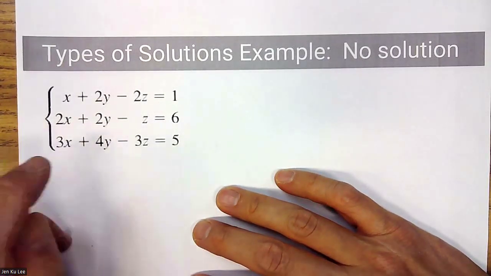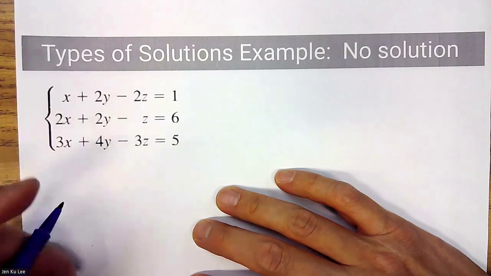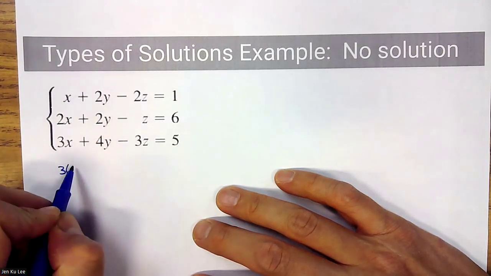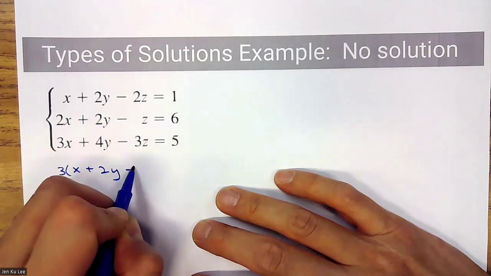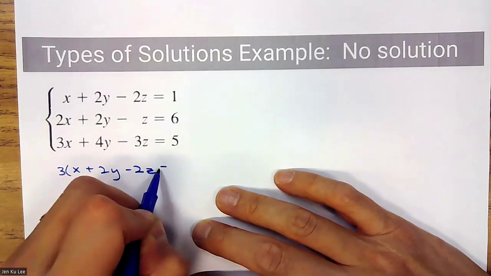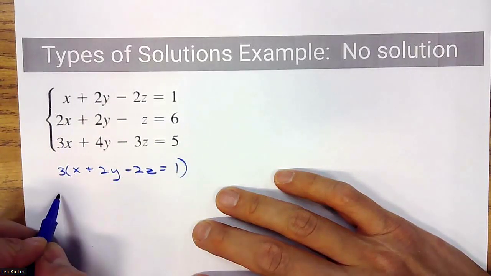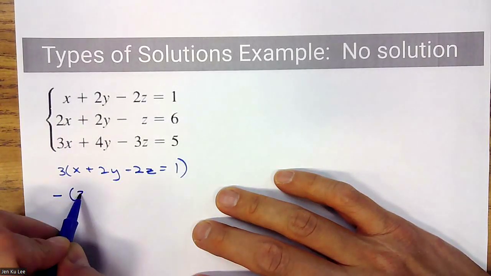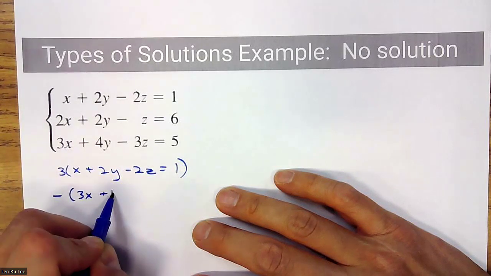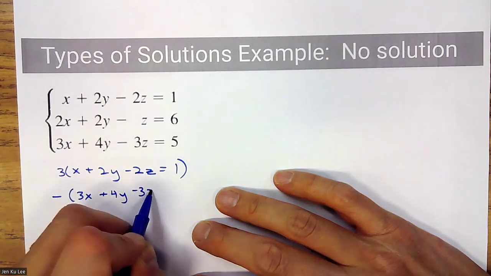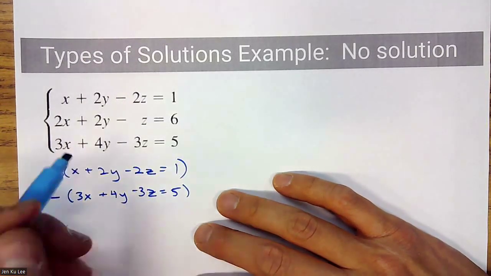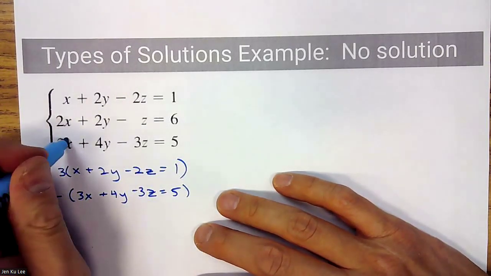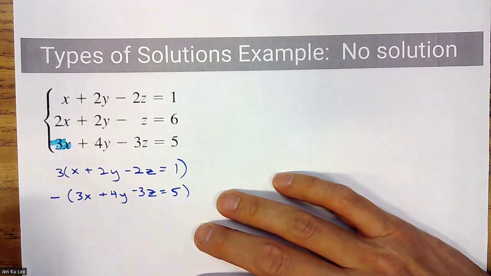I'm going to do 3 times row or equation 1 minus equation 3. Doing so, it cancels out that one. Right? How do I cancel out this one here?